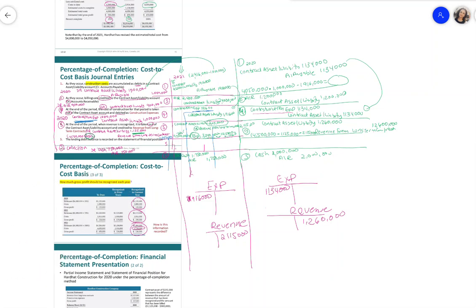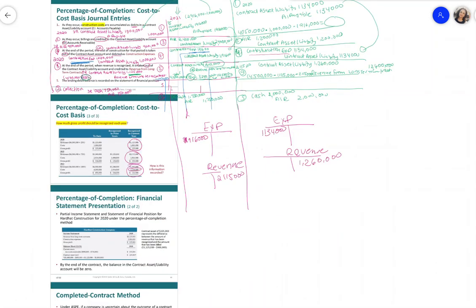This is how you calculate the gross profit. And once you calculate the gross profit, this is how it's going to look on your income statement and on your statement of financial position, your balance sheet. In this case, your accounts receivable goes there, and your contract asset and a liability account there.